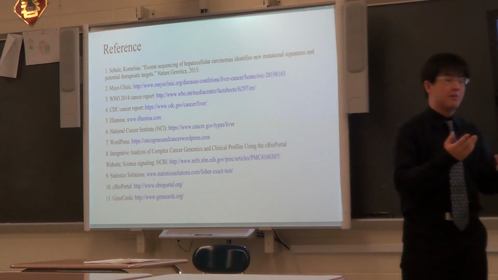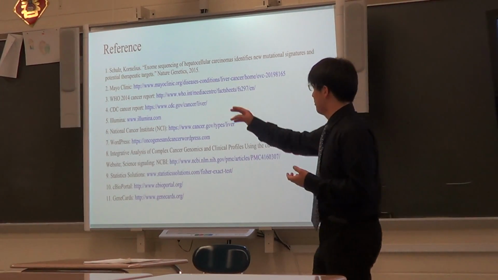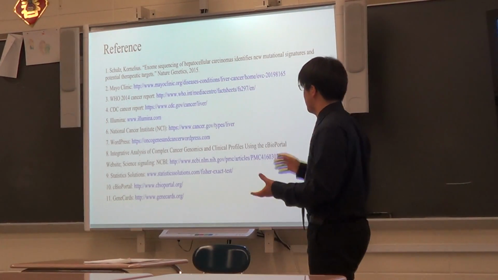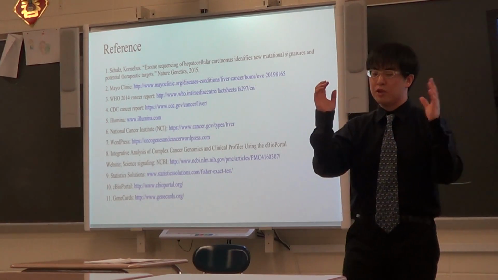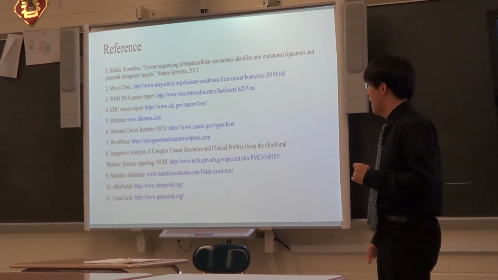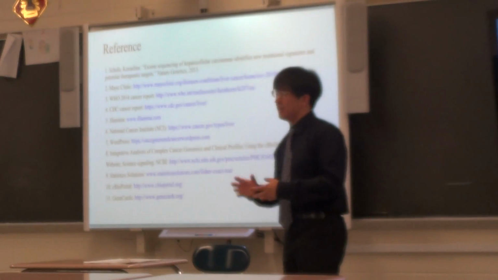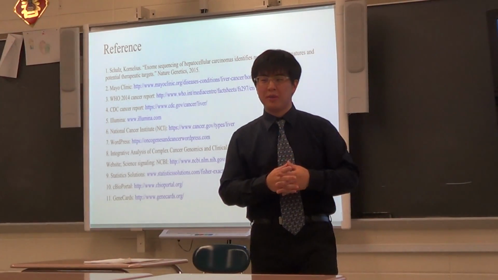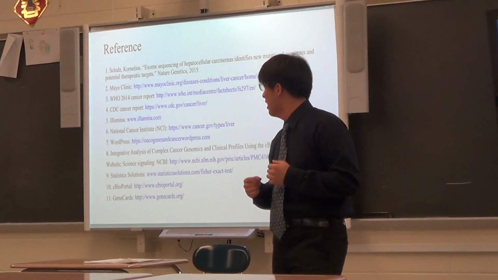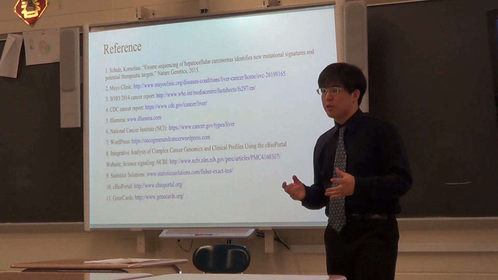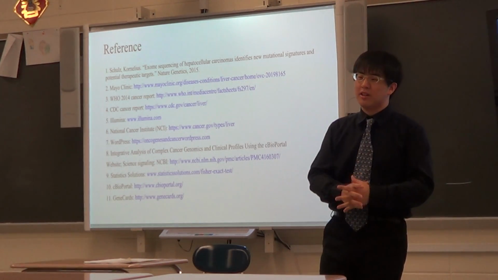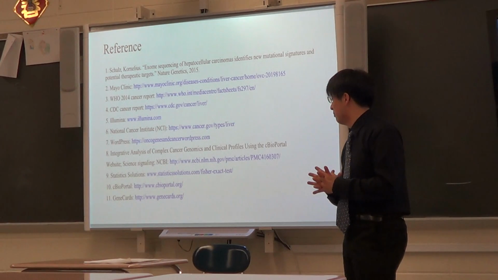And here's some of my references. First I have the Cornelius Schultz paper, which really helped me decide which direction I wanted to go in. And Mayo Clinic also provided a lot of nice data for me to learn about liver cancer in general. The WHO and the CDC were also quite helpful for me to learn how significant the liver cancer problem was.